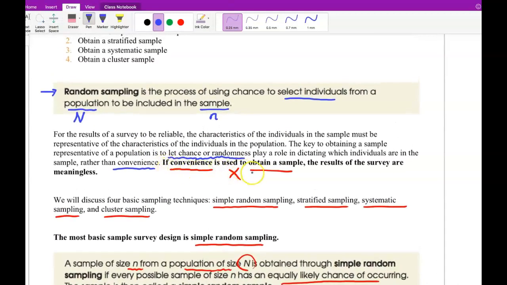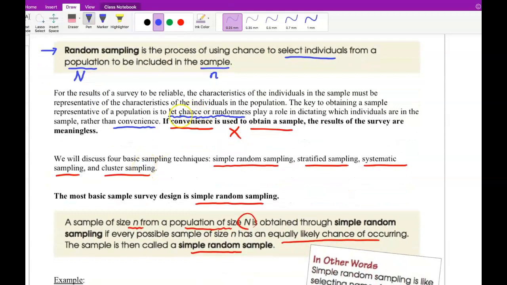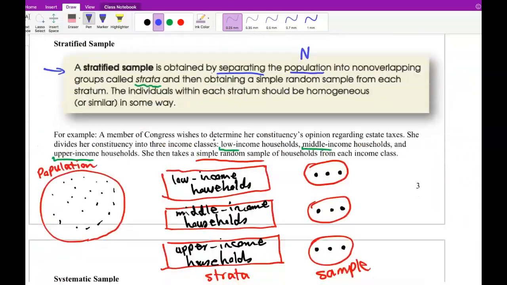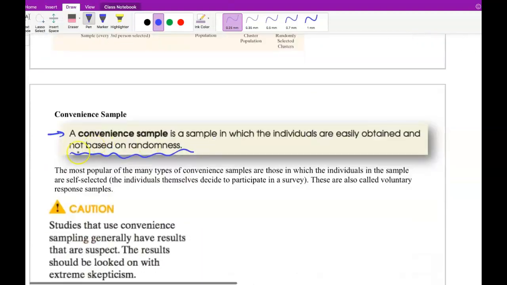If convenience is used to obtain the sample, the results of the survey are meaningless because we didn't follow the rule, let chance or randomness decide. So on this part, it's not based on randomness.